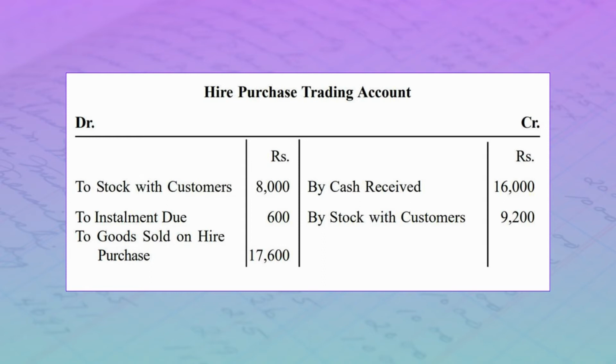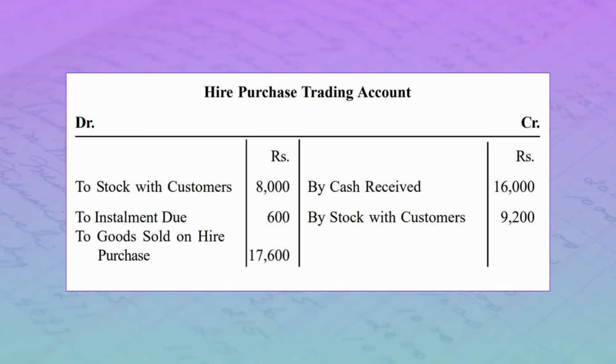If it is provided on hire purchase price, then very simply we must calculate the amount of loading. The balancing figure multiplied by rate divided by 100 minus rate. So whatever the amount would be, multiplied by 25 divided by 100 minus 25, that is 75. So it is 1/3.